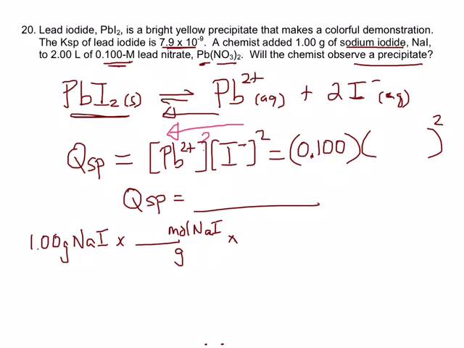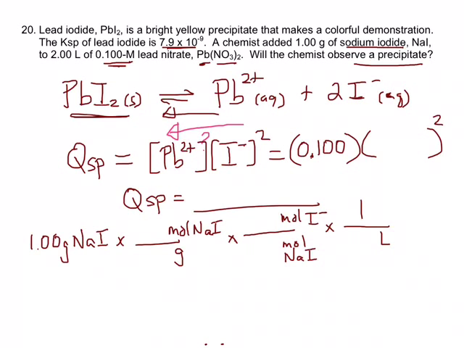And then you might do this next unit multiplier just in your head, but instead I'll show you it here in the video. We'll get rid of the moles of sodium iodide, and we're really interested in just iodide, so let's switch to moles of iodide. But I don't want moles, I want concentrations, so finally let's just divide the moles by the liters, and then we'll have moles per liter, which is concentration.